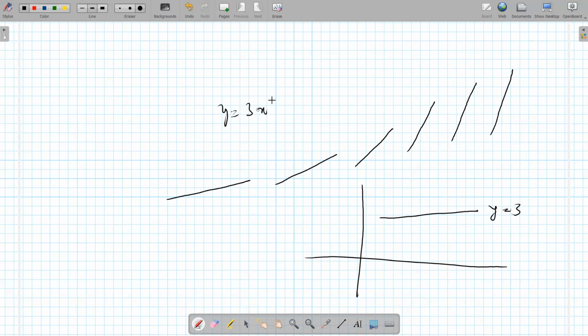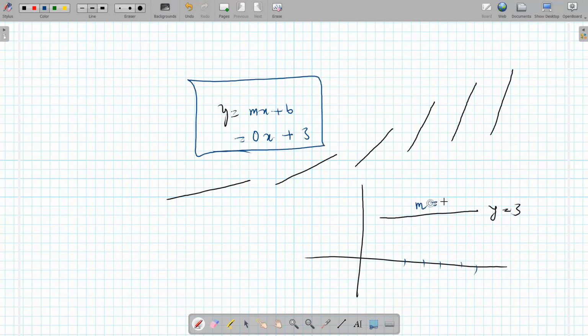If you want to write this in mx plus b form, m is 0, x can be anything, but the b, the y-intercept, will be 3. So the slope of a horizontal line is 0.